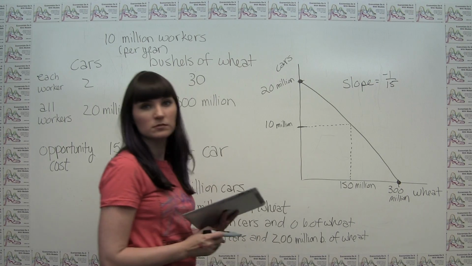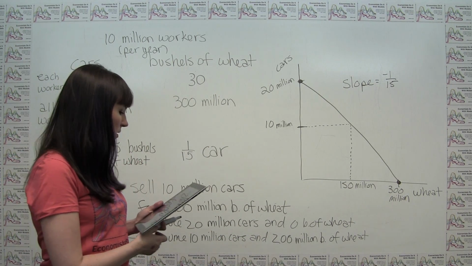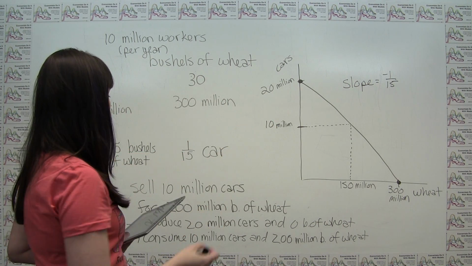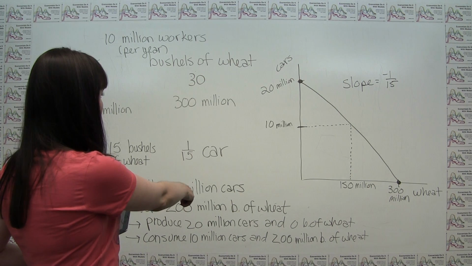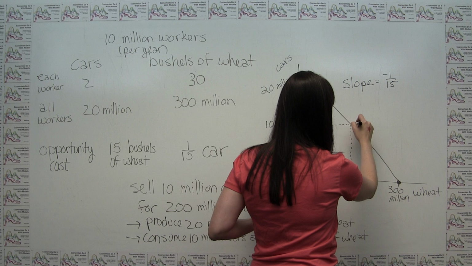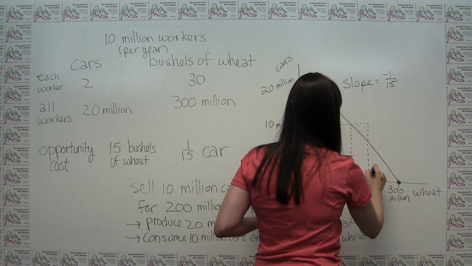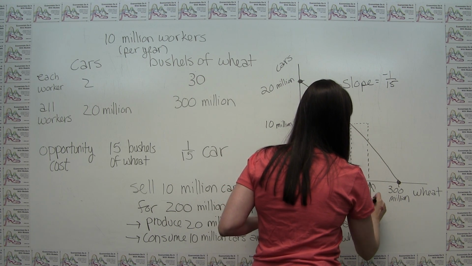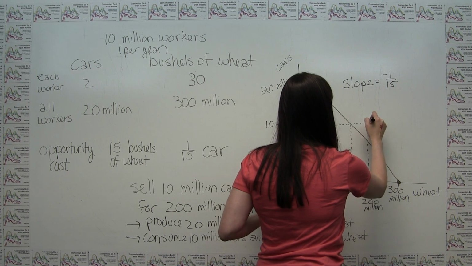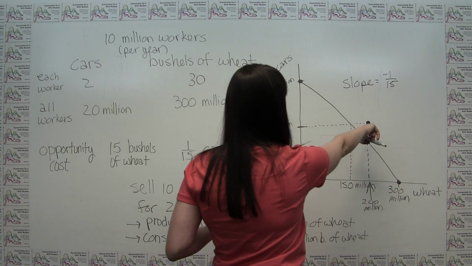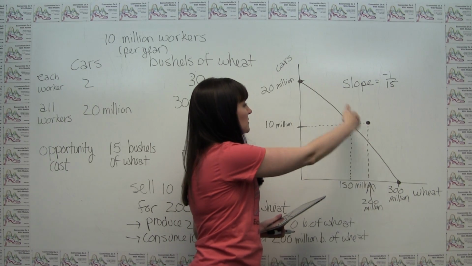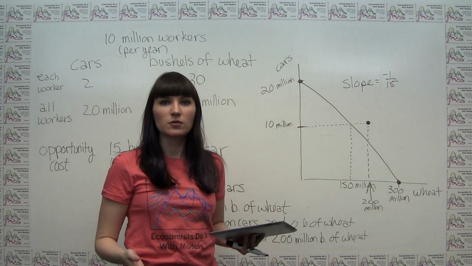So we'll notice here, if we wanted to label this on our production possibilities frontier, this deal would net us consumption that would be out here somewhere, right? The 200 million would be about here. So this deal would allow Canada to have consumption out at this point, which by itself, in the absence of trade, was outside of the production possibilities frontier.